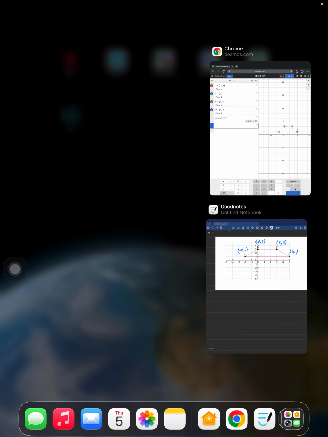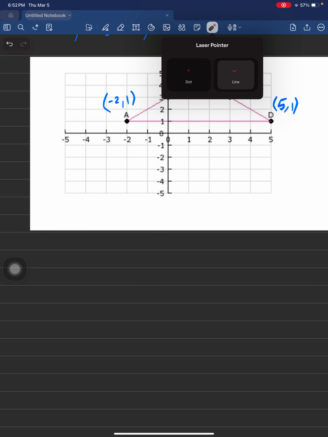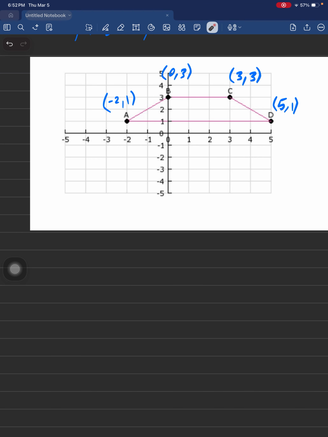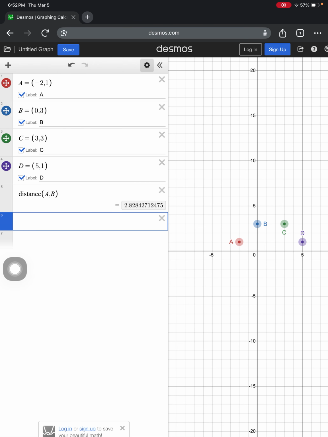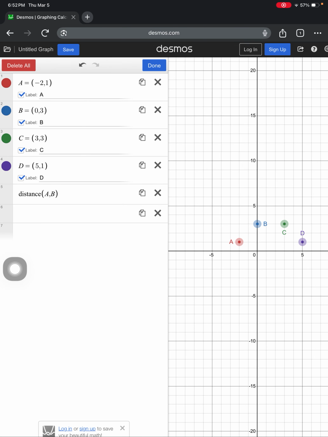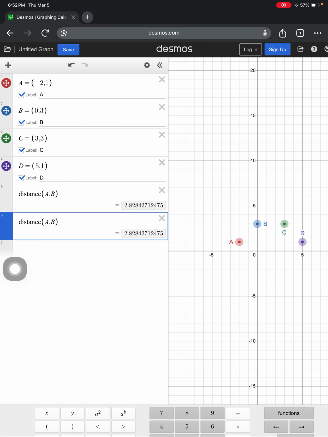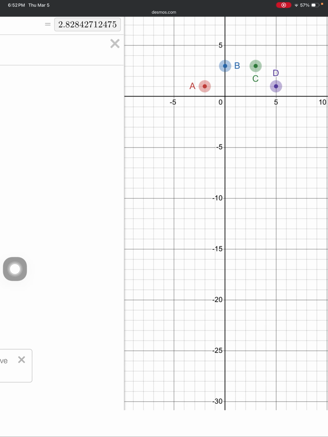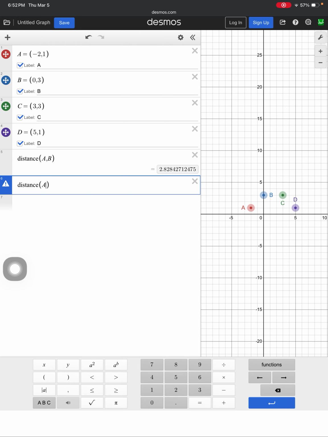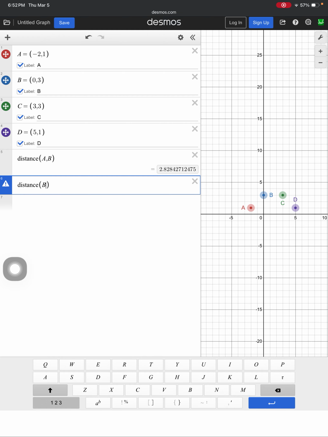The second, which is the segment BC, to find the length BC, we can use the same. To make it easy, we can copy this formula and just write B, comma, C, and the length of BC is 3.